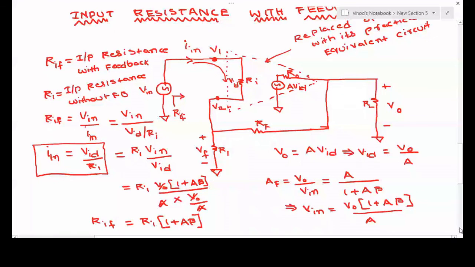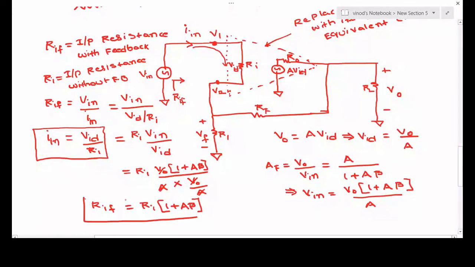You see, this is the expression of the closed loop gain, which, when compared to the open loop gain, is decreased by a factor of 1 plus A beta, whereas input resistance is increased. RI is the open loop resistance, the resistance without feedback, and that is increased by a factor of 1 plus A beta. For a voltage amplifier, a much higher input resistance is required.